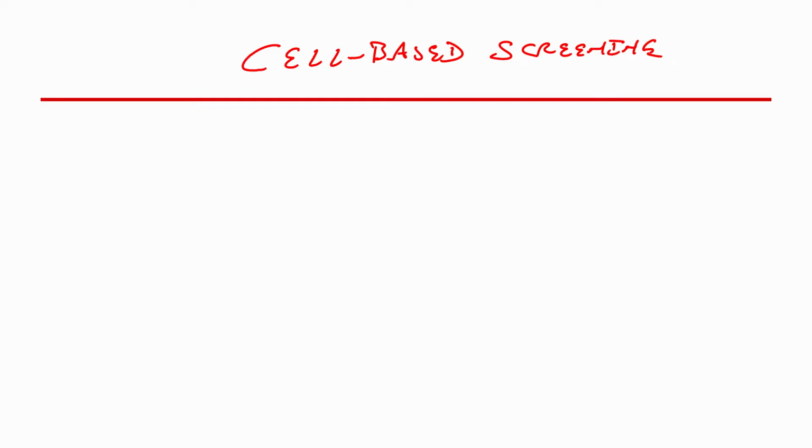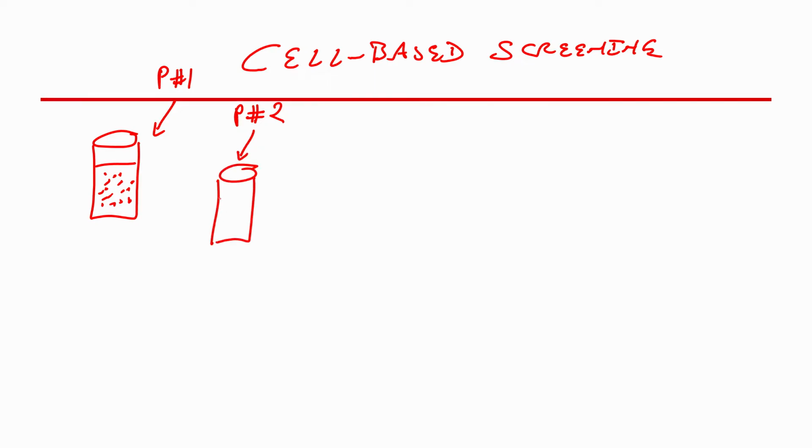Okay. So, what we want is that if I have a cell from a person in a tube, this is patient 1. I will take cells from patient 2, and I will take cells from patient 3.